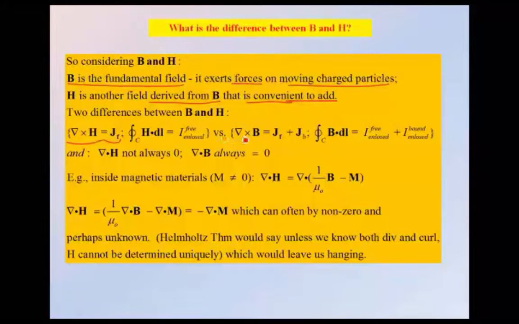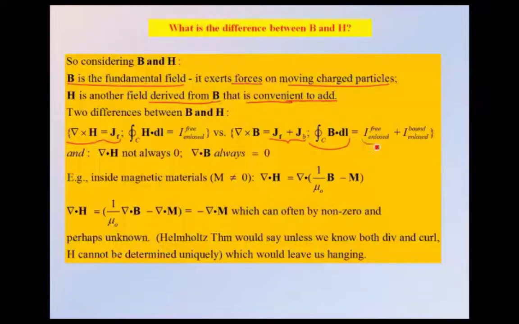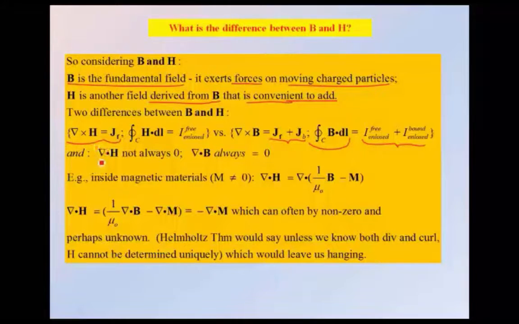This is compared to the curl of B, which is the total current density, so the sum of the free and the bound charge densities. Well, if you integrate these two like we did the H vector, you end up then with the line integral of B around the path C being the sum of those two currents. The other difference is that del dot H is not always 0.